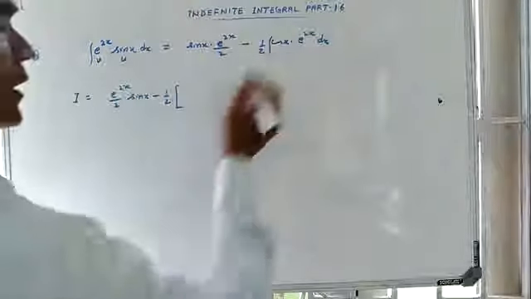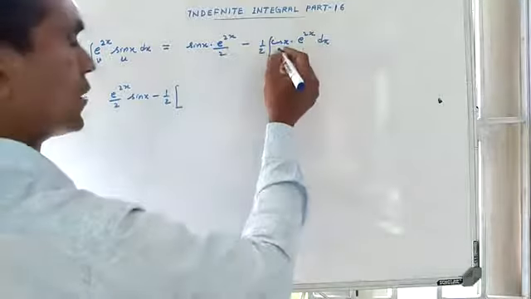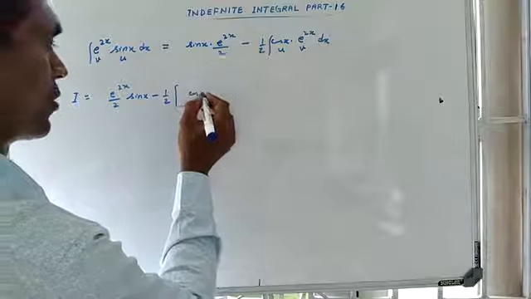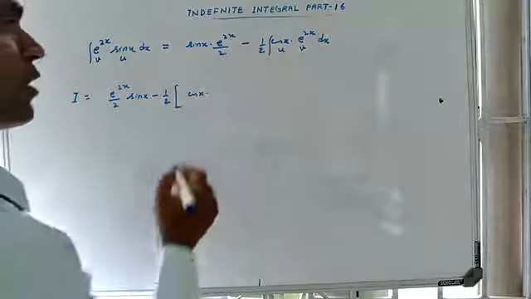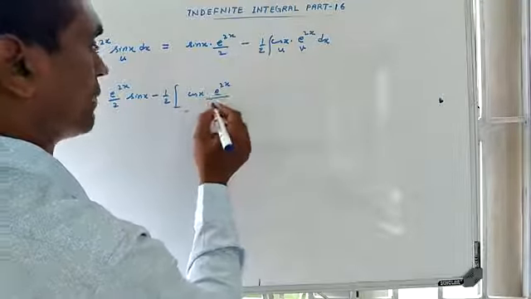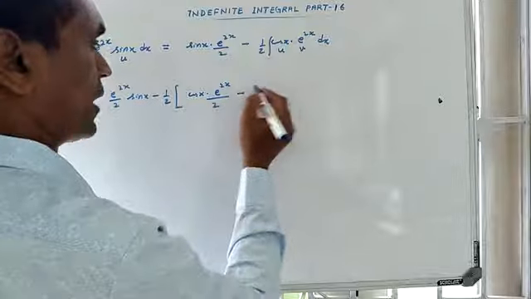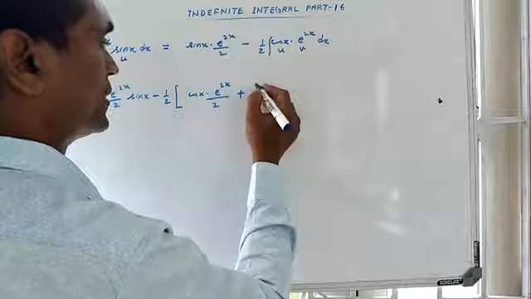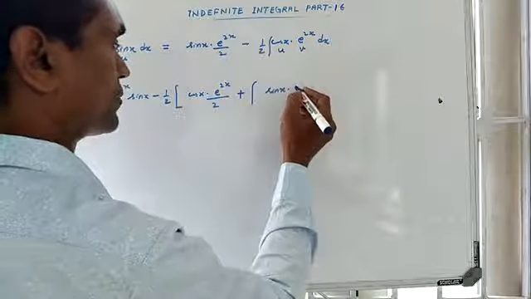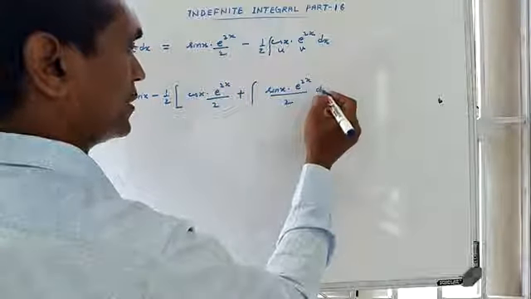Once again we apply integration by parts. So this is first and second. First unchanged, cos x, and integral of second, that is e to the power 2x by 2, minus derivative of cos x, minus sin x. So the sign will change here, and sin x, and integral of second function, e to the power 2x by 2 dx.